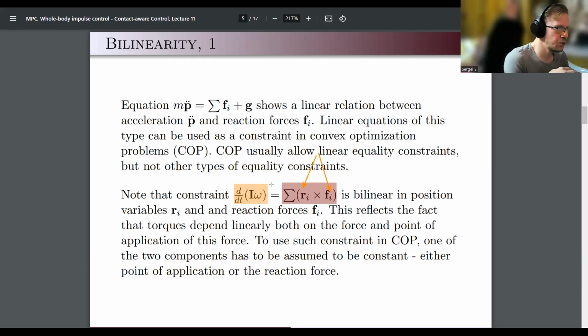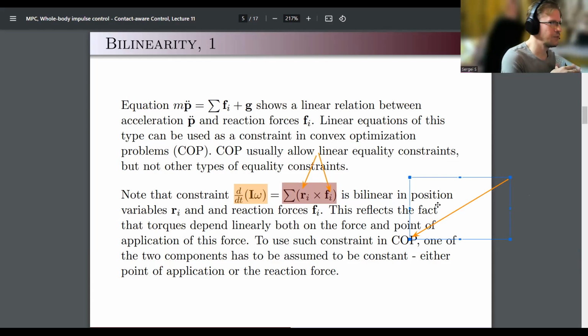If you say position is constant, then it is a linear function of Fi, the reaction force. This is not an easy thing to work with for a convex optimization problem. It would be easy if at least one of those two were constant. Then it is linear, and linear is easy for us.